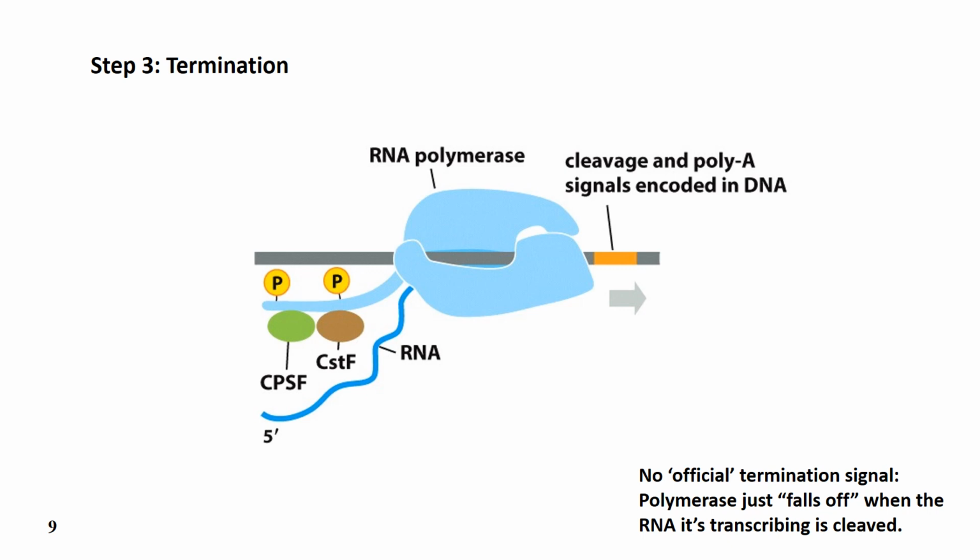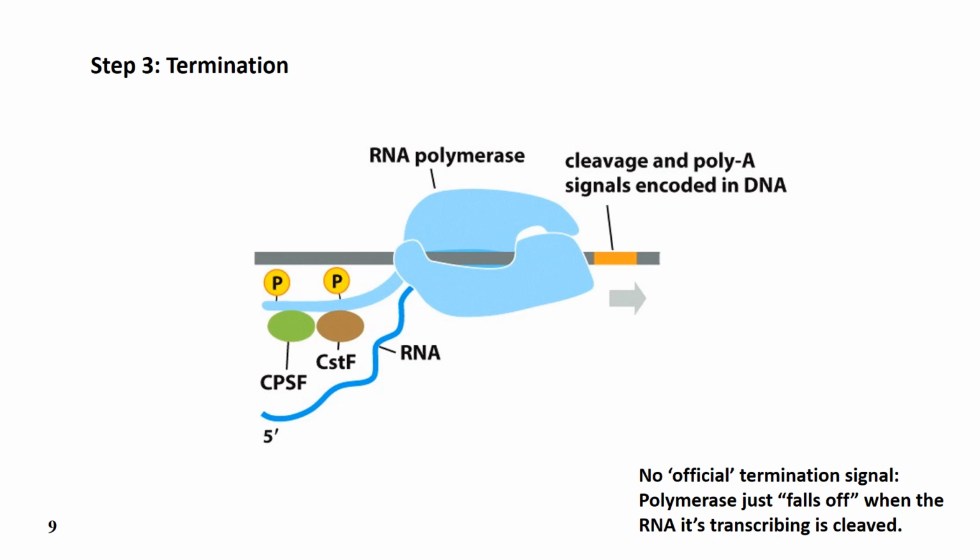Just like initiation and elongation are more complex in a eukaryotic cell, termination is also a bit more complex. We'll speak more about this later when we talk about RNA processing. However, there is no official termination signal sequence in the DNA of a eukaryotic gene.